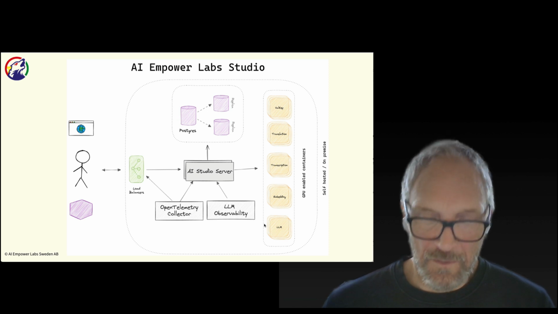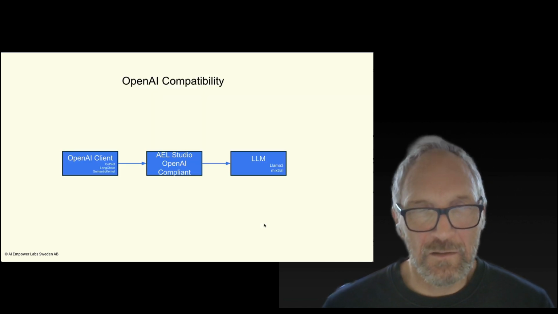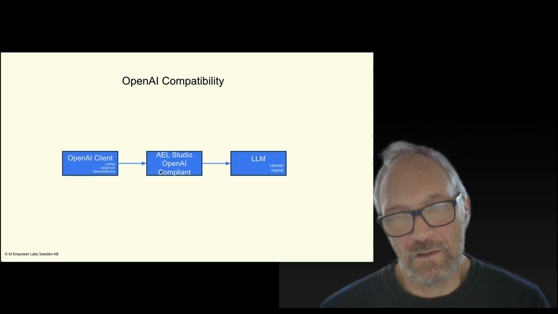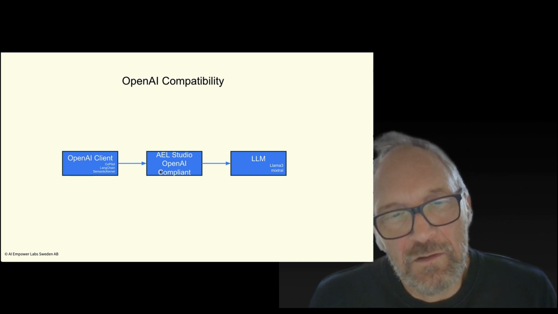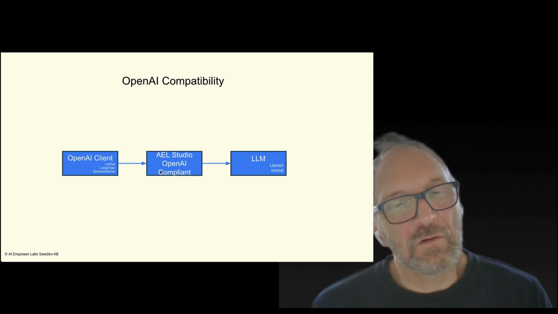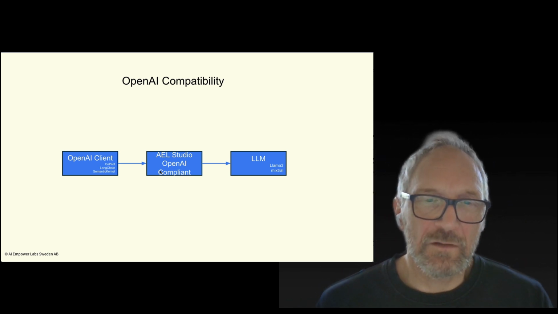If you look into a little more detail, we have tried to be very compliant with the market leaders on how to interact with large language models, and we follow their model and their standards.